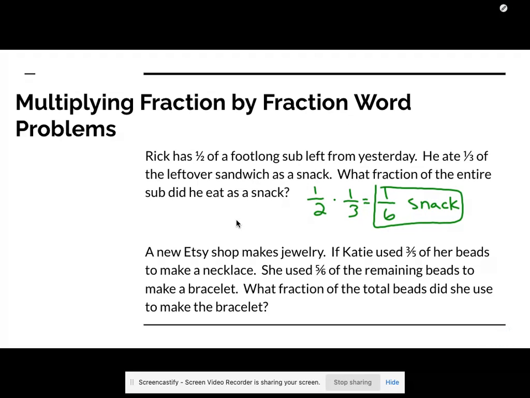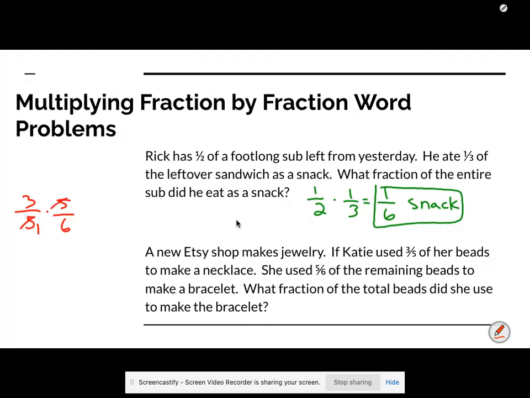And then a new Etsy shop makes jewelry. If Katie used 3/5 of her beads to make a necklace, she used 5/6 of the remaining beads to make a bracelet. What fraction of the total beads did she use to make the bracelet? Well, 3/5 times 5/6.